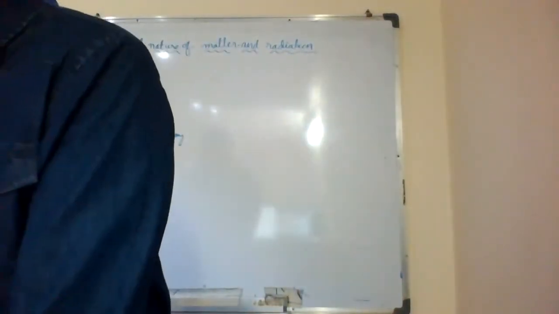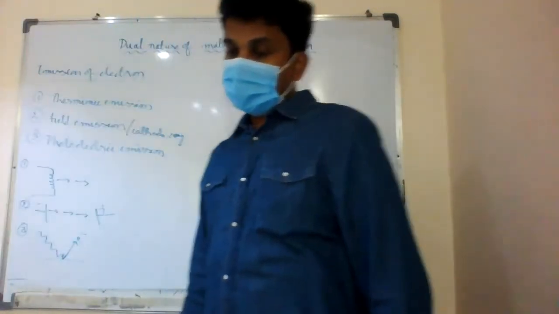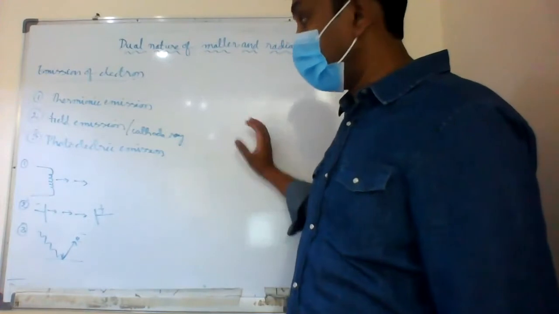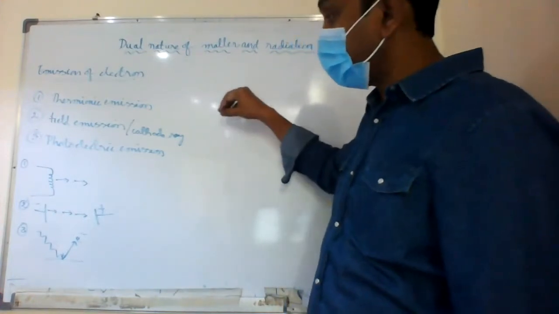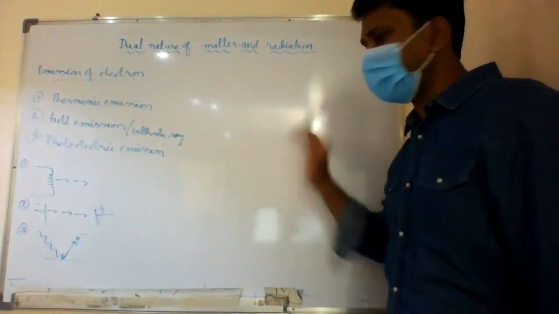This was first found by Hertz. In Hertz's experiment, he took some ultraviolet light and made it incident on a metallic surface, and electrons came out.